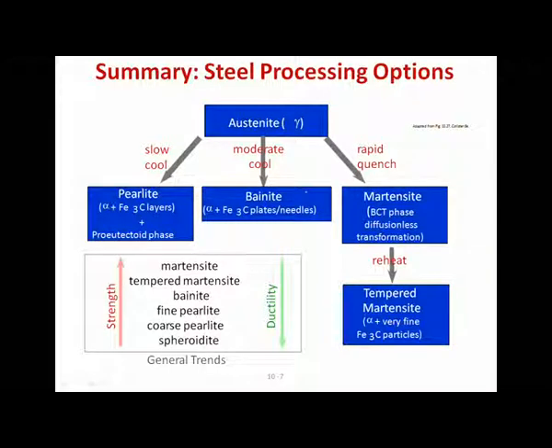If we rapidly quench it, we don't allow diffusion to happen, we'll get martensite. So diffusionless transformation, we quench it to room temperature, we have 90 to 100% martensite. The rest is some retained austenite that accommodates the shape change.